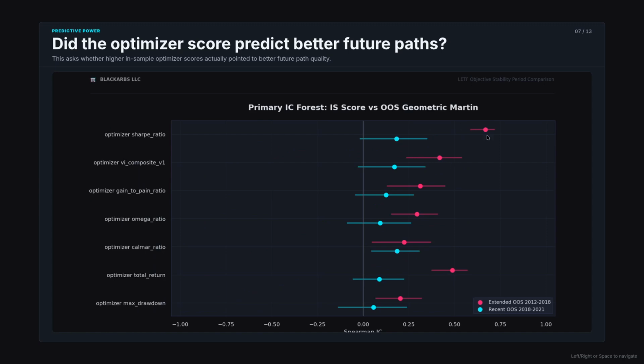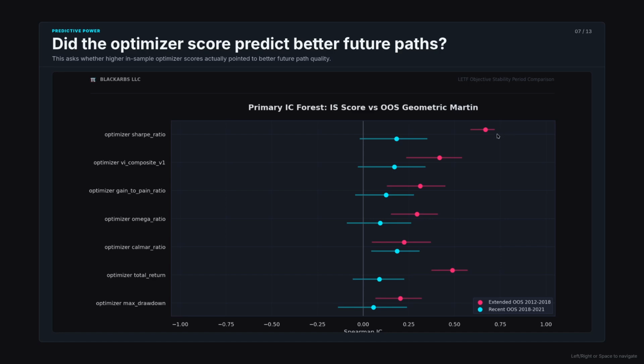We can look at the forest plot and take a look at the distribution of these scores. So I use the information coefficient between the in-sample and out-of-sample paths that were chosen to determine how well these metrics predict out-of-sample.